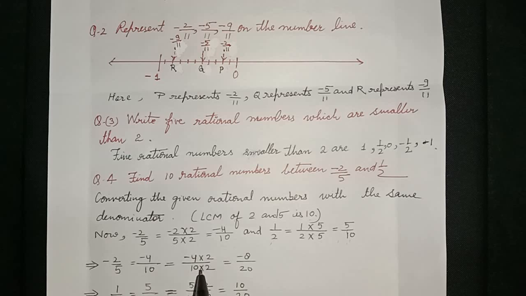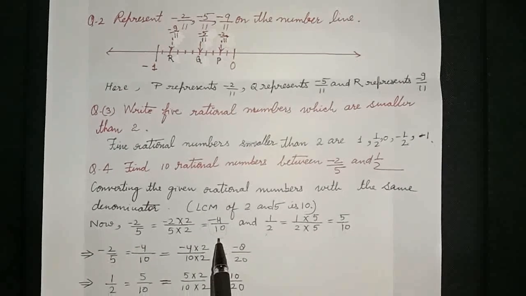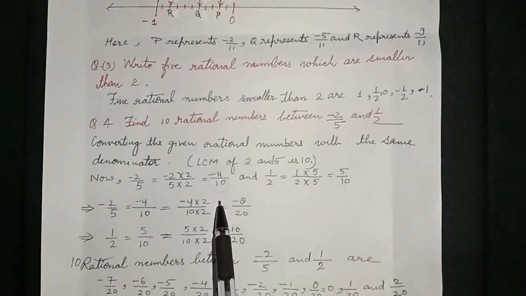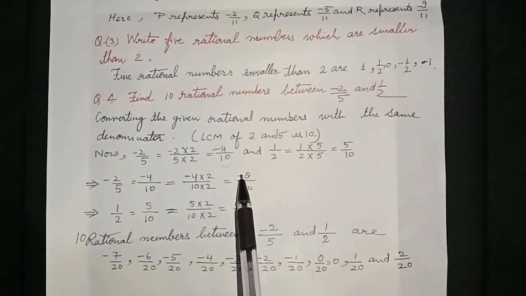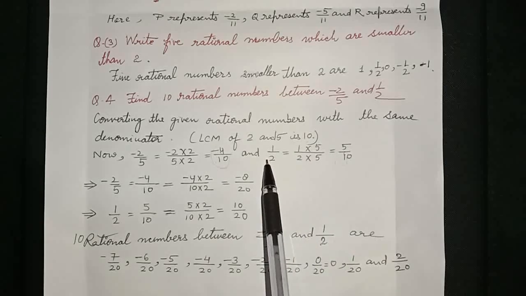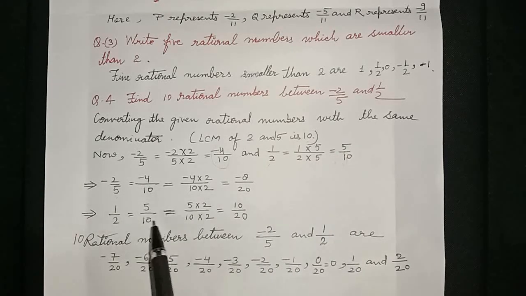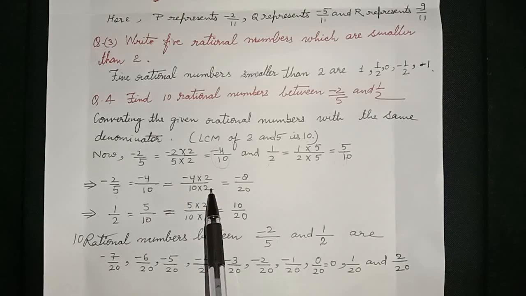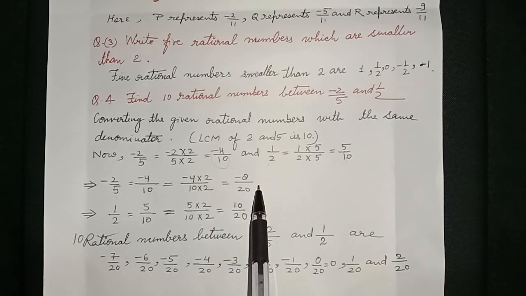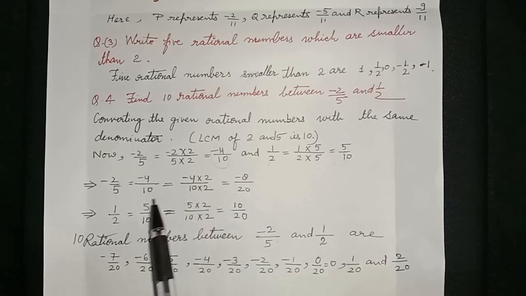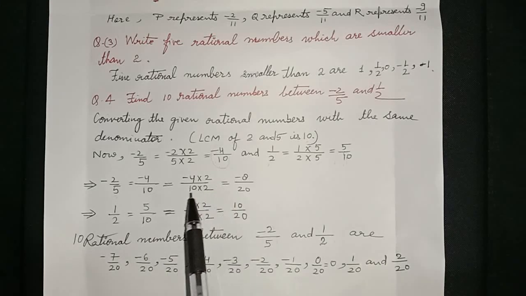To write 10 rational numbers, now we will write these two fractions again. -2 upon 5, you have converted into -4 upon 10, and 1 upon 2 you have converted in 5 upon 10. Now we will write their equivalent fraction. To write in equivalent fraction, first we will make denominator 20.